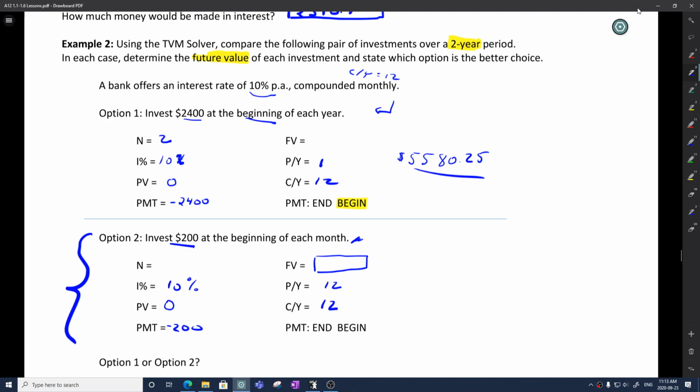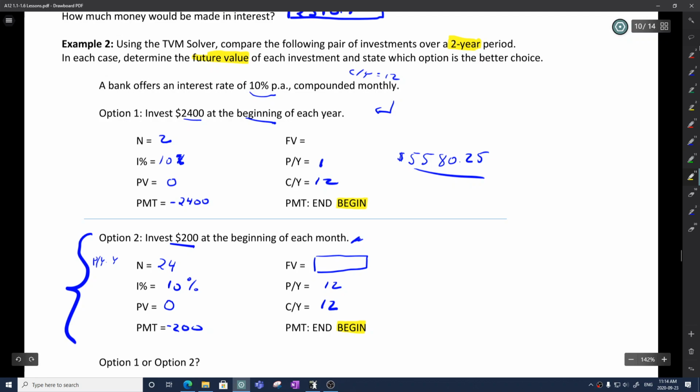Now the number of payments, remember that this is PY times the number of years. PY is 12 times years is 2, so we will have 24. Again, we have to make sure, since it's at the beginning of each month, that we put begin. All right, enter this into your calculator.